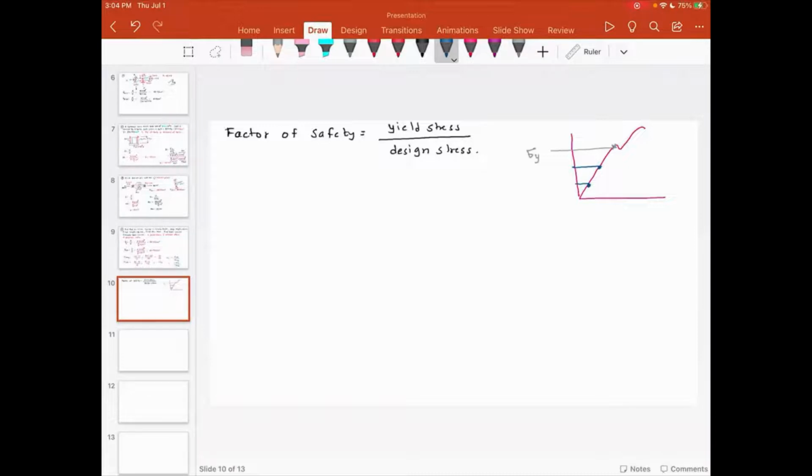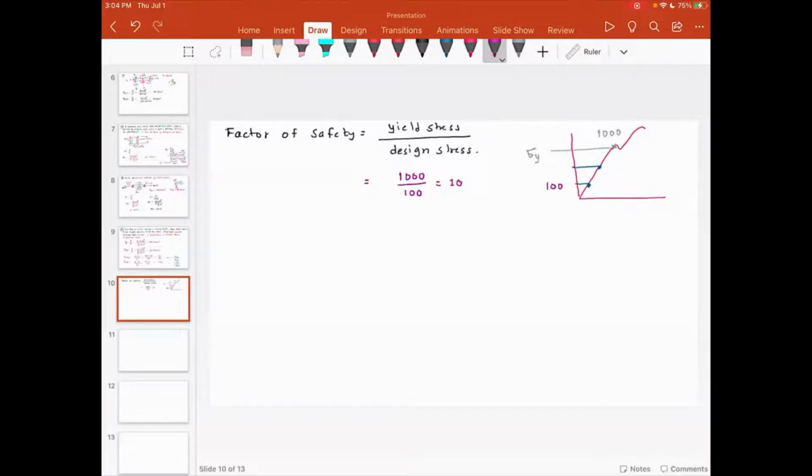So if your yield stress, and let me give you an example, is say 1000 Newton per millimeter square, and as a designer, you say that I'm gonna stick to 100 Newton per millimeter square, then your factor of safety is 1000 divided by 100, that is equal to 10.